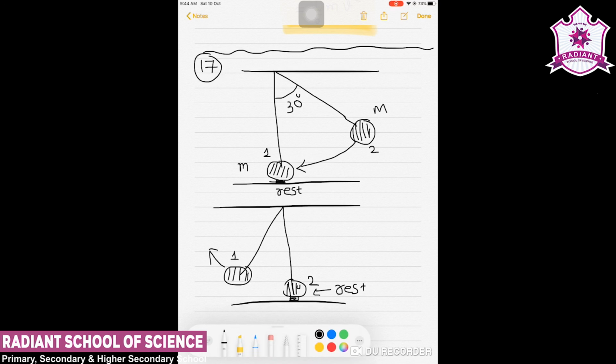So this would be the condition for example number 17.